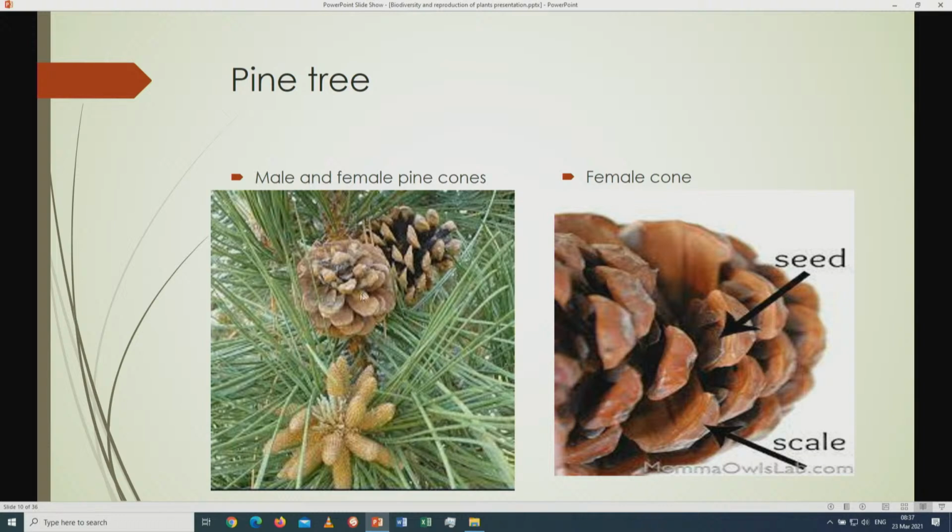When you look at this structure, we do find that the scale-like wings in a female cone are not closely packed. They are loose to create a space for the spores.